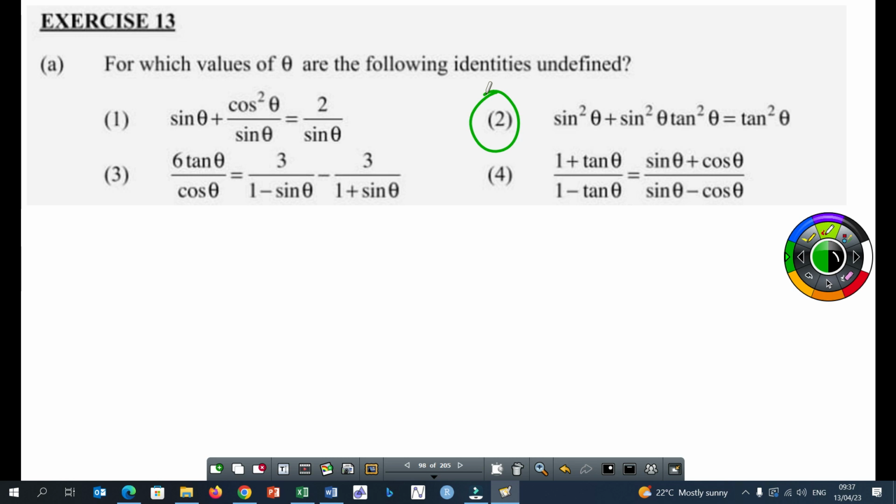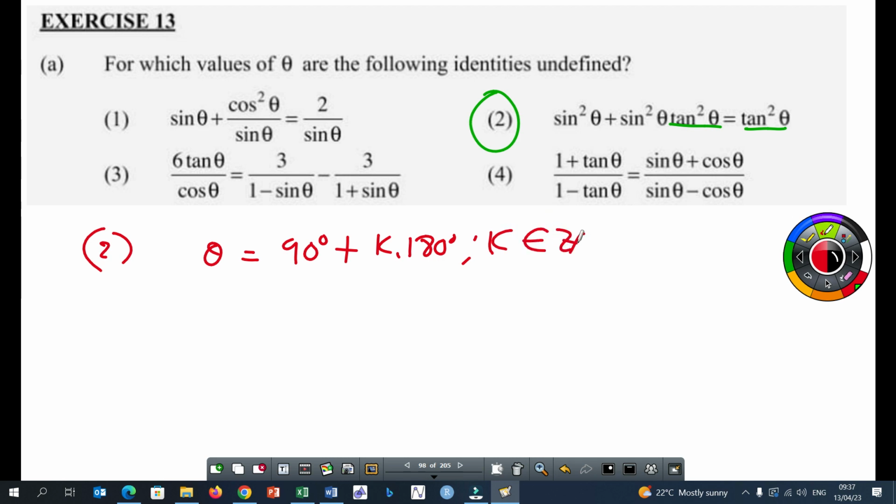Since we don't have any denominator, the trig ratio which is going to determine our solution, which will make the identity undefined, is going to be tan. Now with tan, you don't stress. No stress. So your theta will be 90 degrees plus k times 180, where k is an integer.